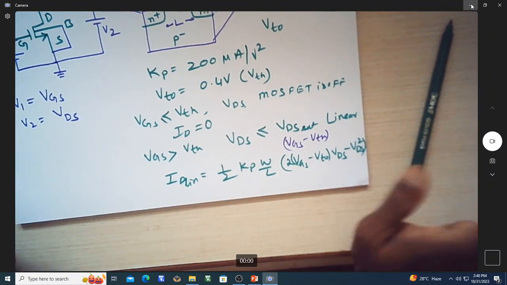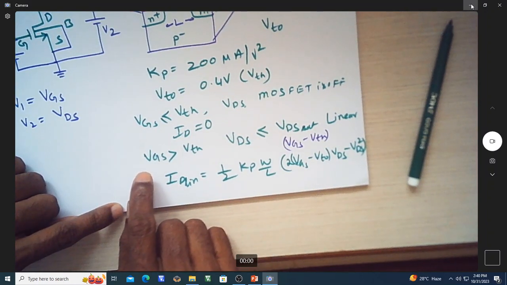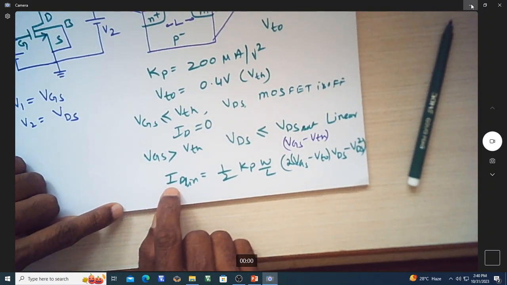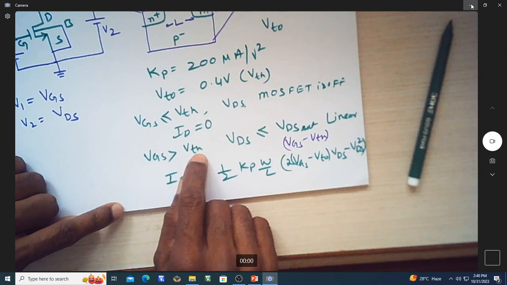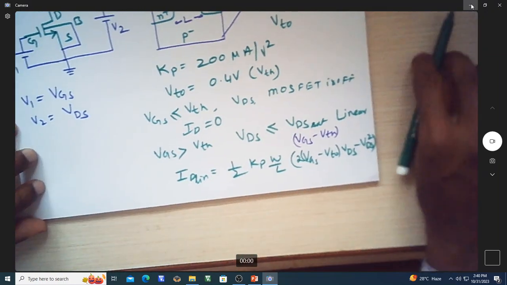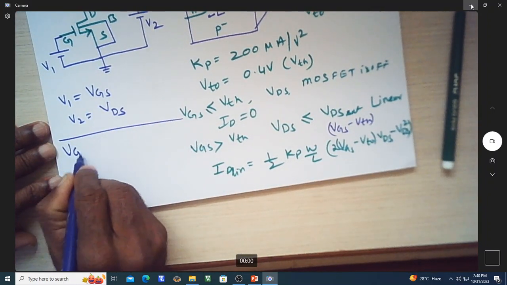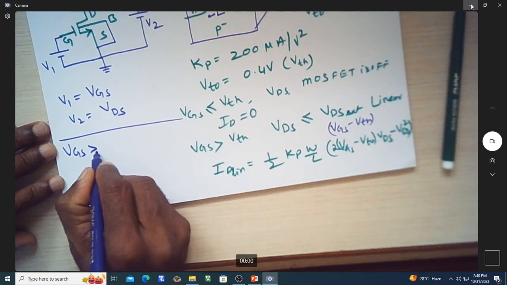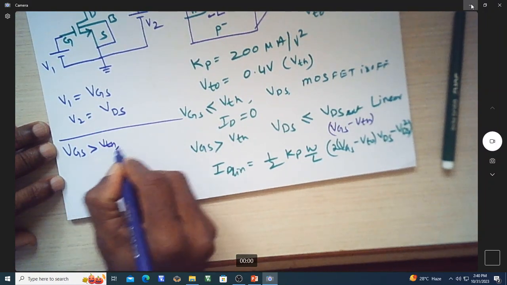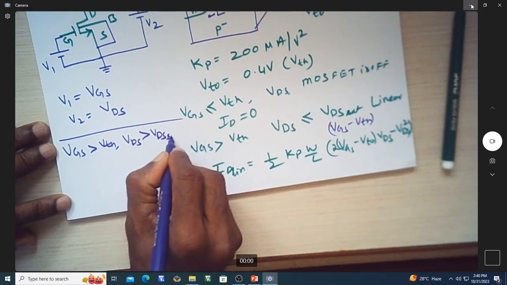Now of course, for this to happen, the MOSFET should have a VGS greater than VTH, but VDS should be less than VDS SAT. So there is another possibility where the MOSFET has VGS greater than VTH and VDS is also greater than VDS SAT.